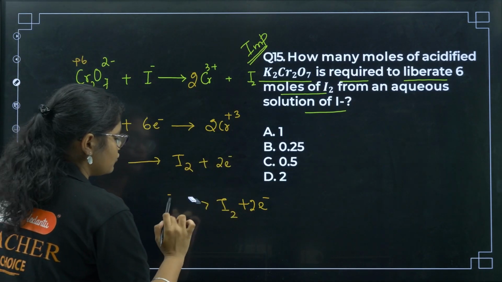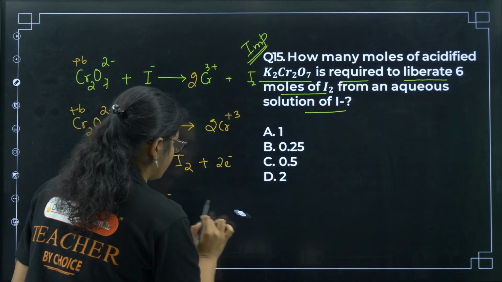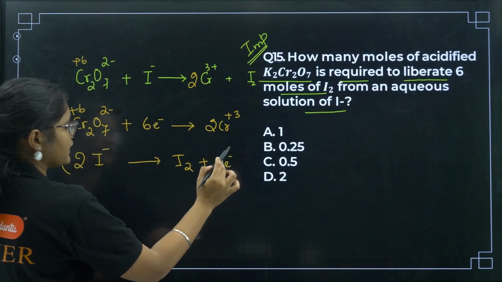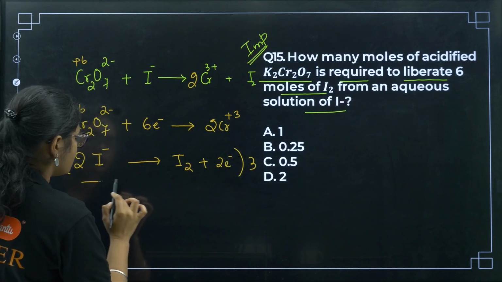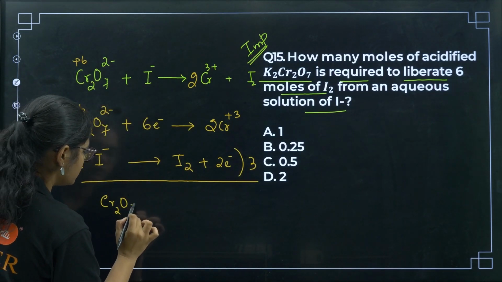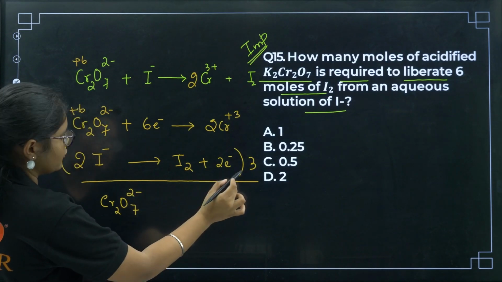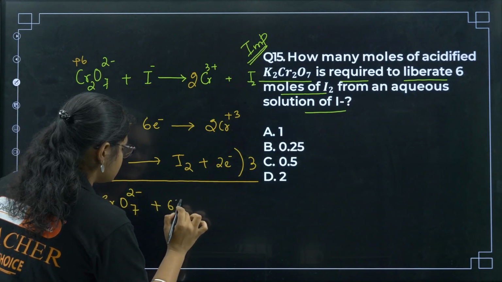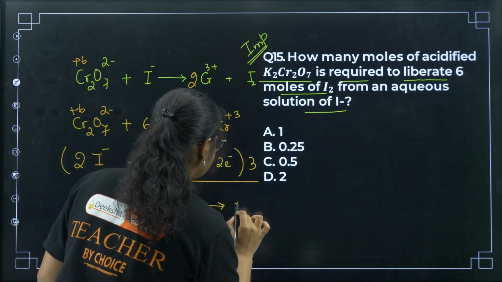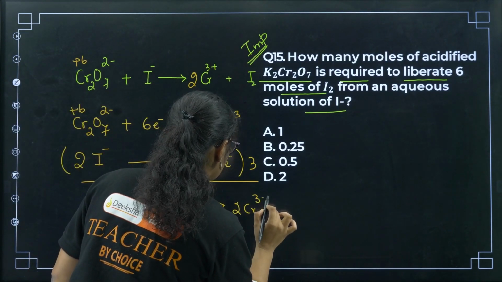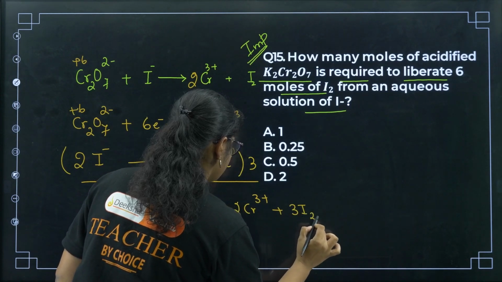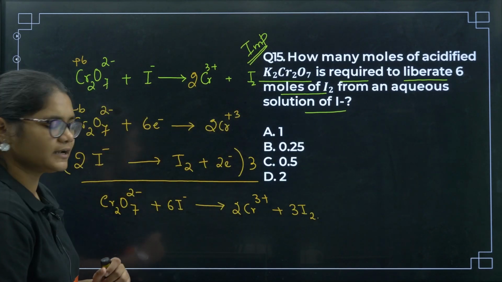Now to balance this reaction, the number of electrons should be the same, so I should multiply this by 3. So what will I get here? Cr2O7 2 minus plus 6I minus will give me 2 Cr3 plus plus 3I2. This is the reaction that we are getting.